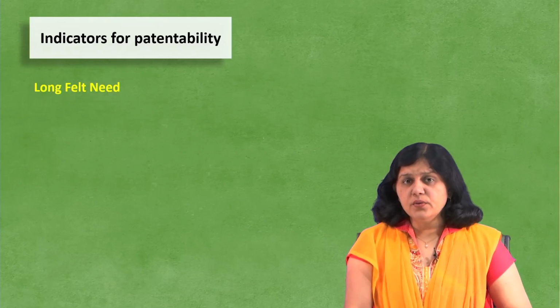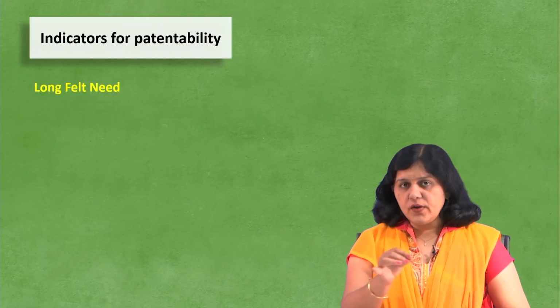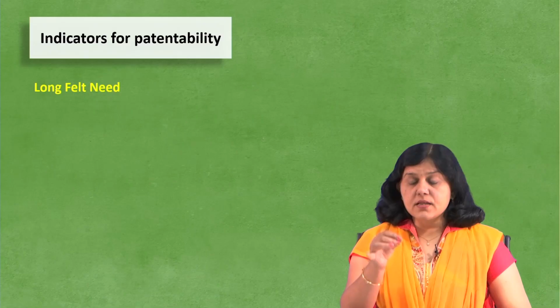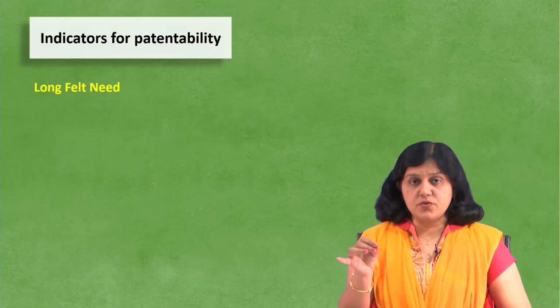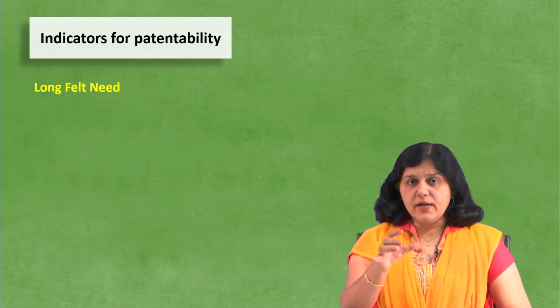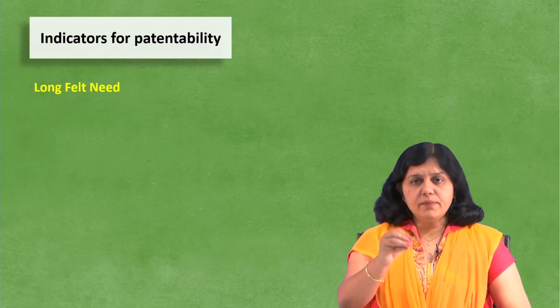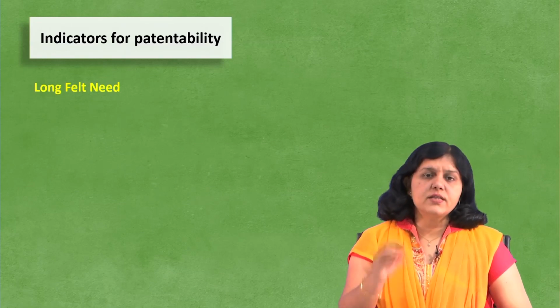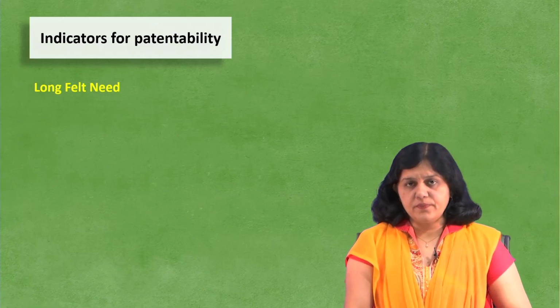So, it is important to have evidence of a long felt want or unsuccessful attempts of other research groups, any evidence of novelty, years of delay in developing the prior art, and the advantage stemming from the invention. These things are very, very important.